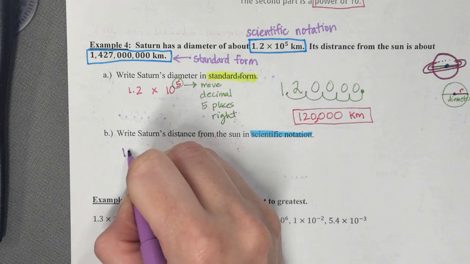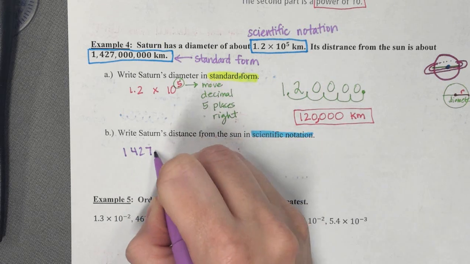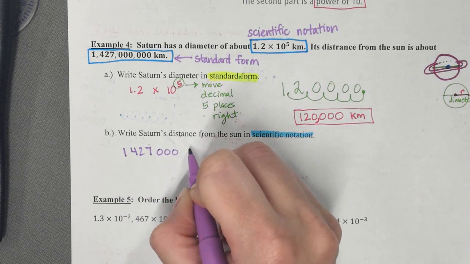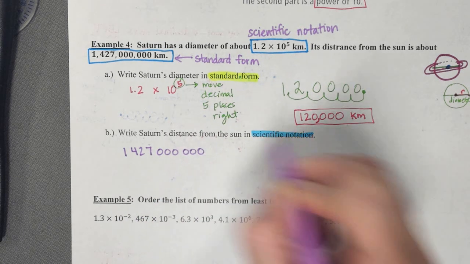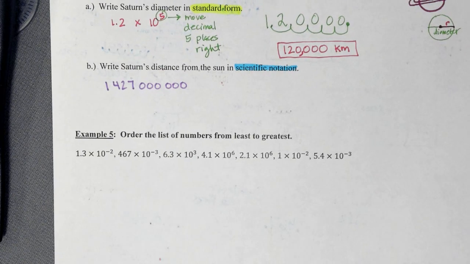Okay, so I'm going to write 1,427,000,000,000. Okay, and I'm not going to put my commas in because I'm going to put in a decimal. Now, the decimal has to be between 1 and 10.